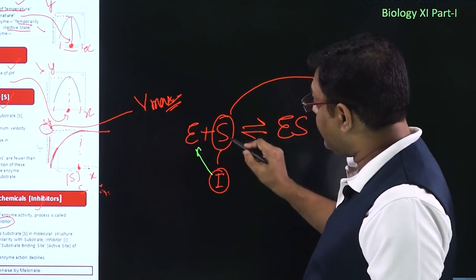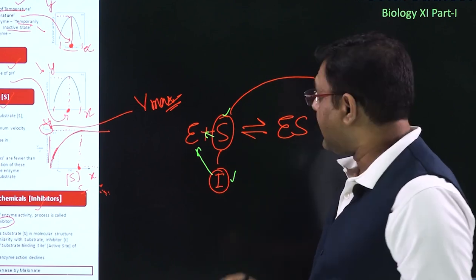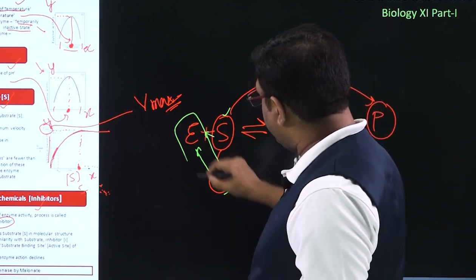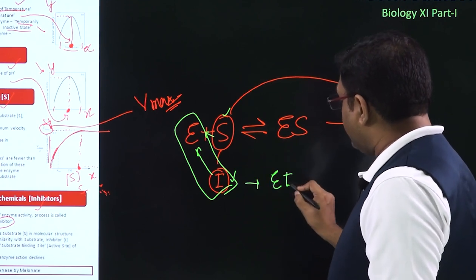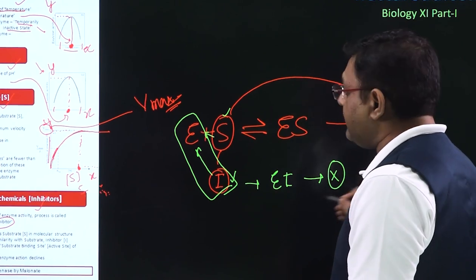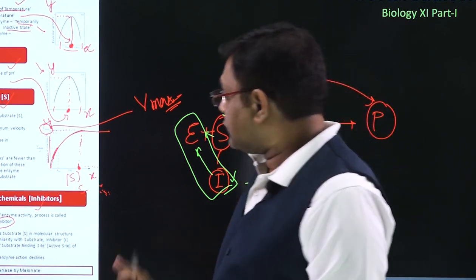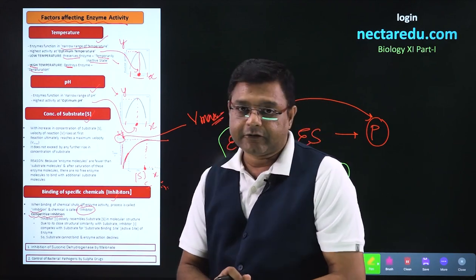So there will be competition between substrate and inhibitor to bind with the enzyme, and if the inhibitor binds to the enzyme, an enzyme inhibitor complex will be formed, and in this case, no product will be formed. This phenomenon is called competitive inhibition.